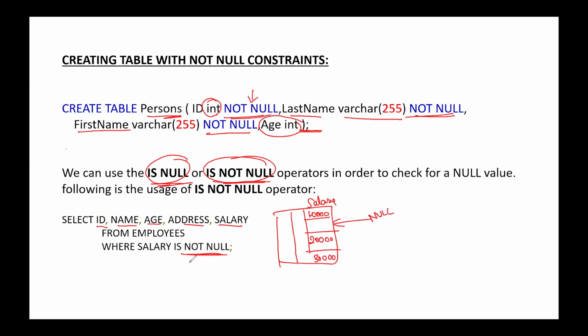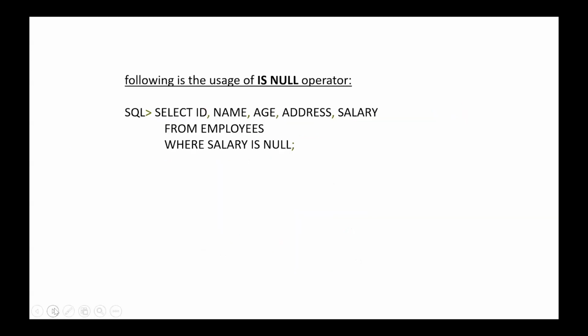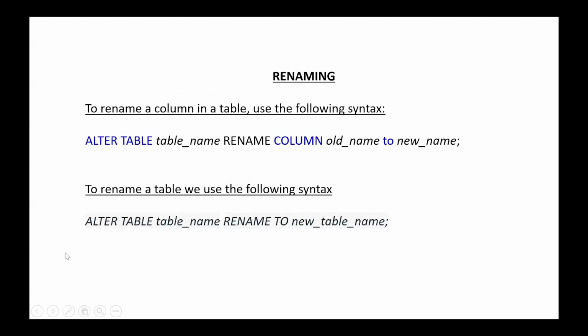So whenever I say where salary is not null, I'm going to fetch the ones which do not have a blank for salary, which means these three rows will be selected. Suppose I gave where salary is null, in that case I'm going to fetch the row which has null as the value for the salary. Okay. We will do the practical of this, and at that time we will be clear. As you can see here, this is where salary is null. This is the other way of doing it.